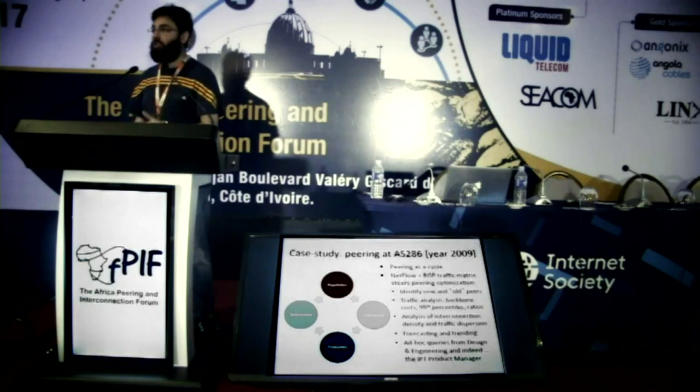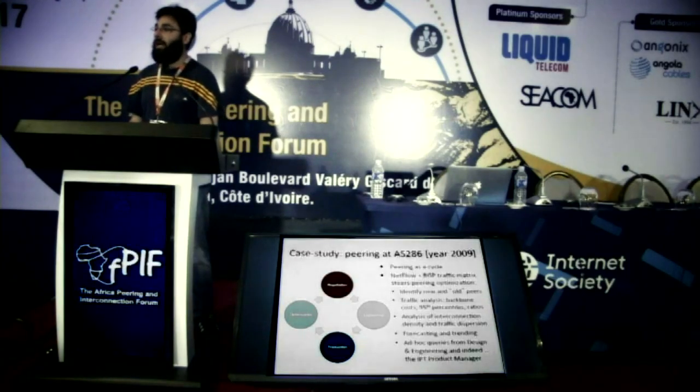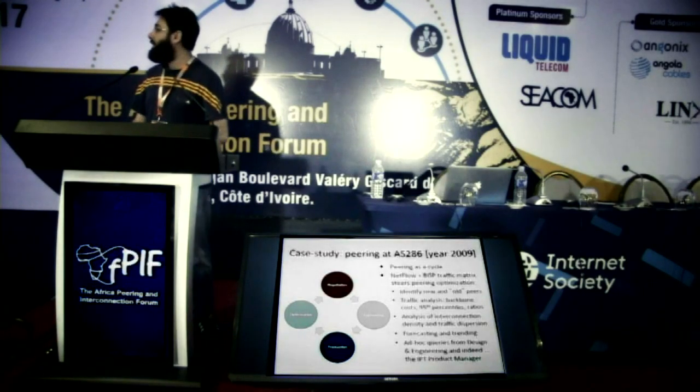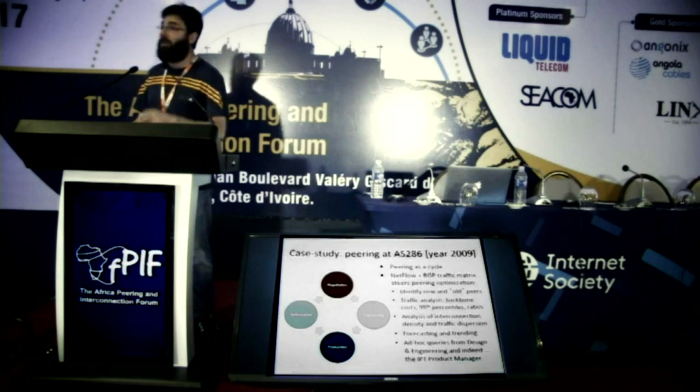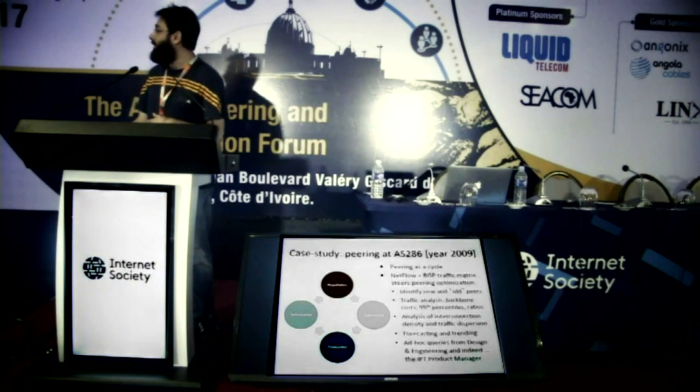So provision: we need 10 gigabit in that city for peering with that party, and things like that. Then all the magic happens. BGP is configured and capacity is added, even capacity on the core if that is needed.